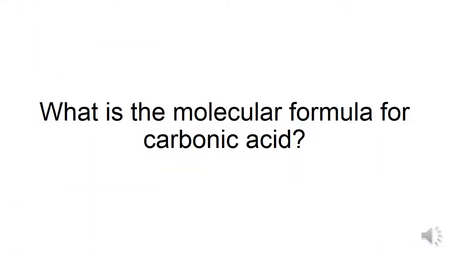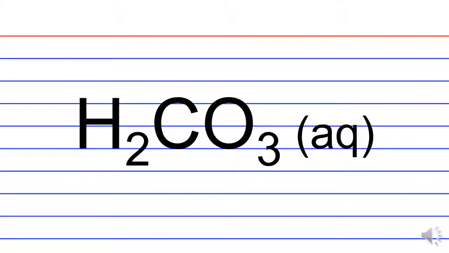What is the molecular formula for carbonic acid? Well, you can already guess that there's going to be some protons in there. The molecular formula is H2CO3, and it's in the aqueous liquid phase.